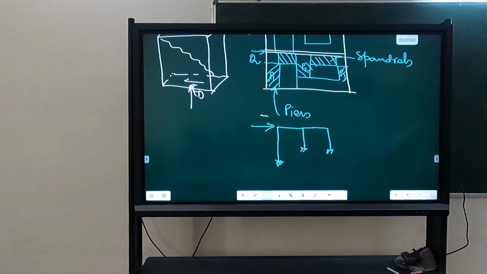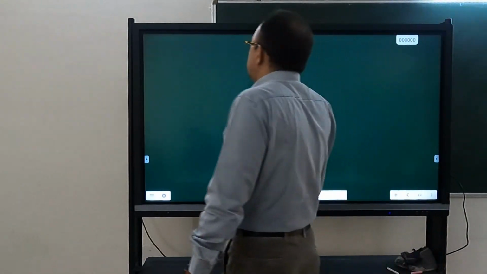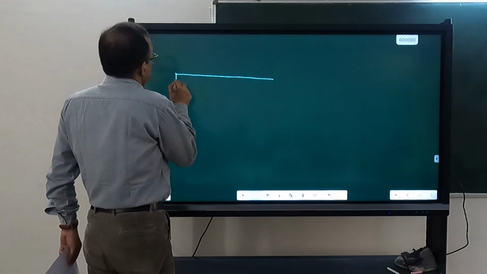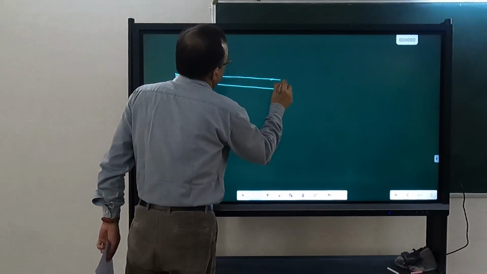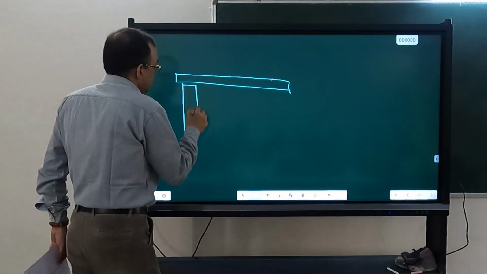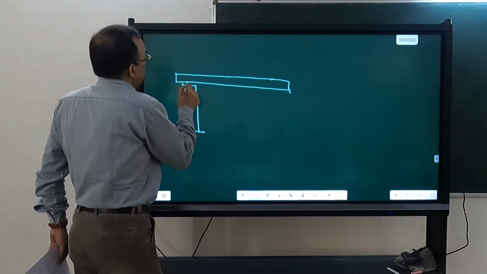That is the capacity curve. Those are continuous, but at the top of the pier there is a pin. So here our superstructure is continuous, but it is connected to the piers through a pin.